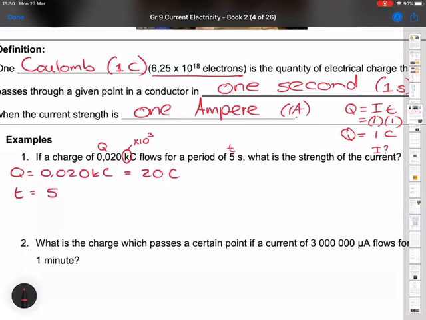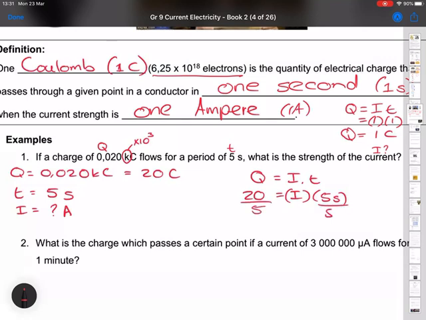Okay. Time, we don't have to do any conversions there. That is just 5 seconds. And they're asking us what's the current. Okay, what's the current? So use our formula Q is equal to I times T. I is what we're trying to calculate. Time is 5 seconds. The charge is 20 coulombs.